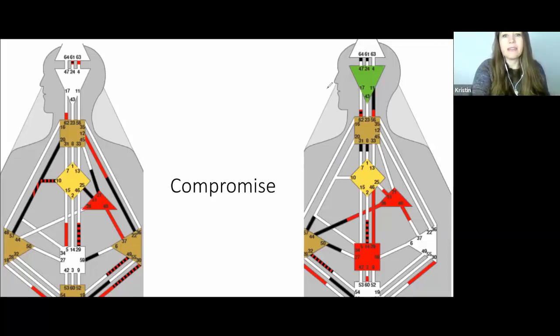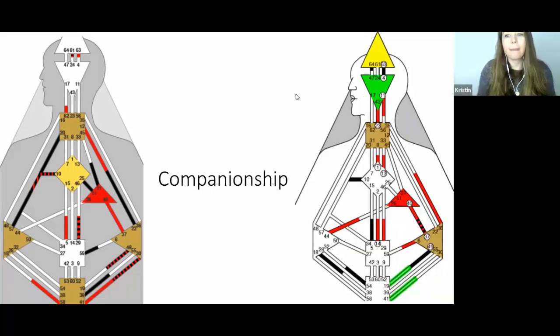So next we have companionship. Now in companionship, this is where you have the same gates. And it's not a dominance, right? It's not someone has the channel and you have a gate and they have the same gate. No, that's not what I'm talking about. I'm talking about where they have the same gates as you. And let me go ahead and just draw on this just to clarify.